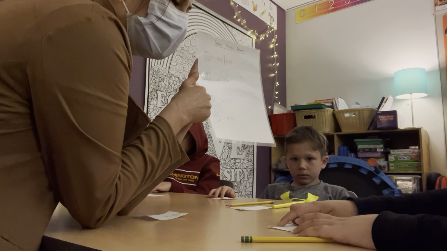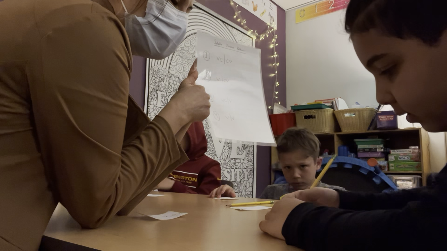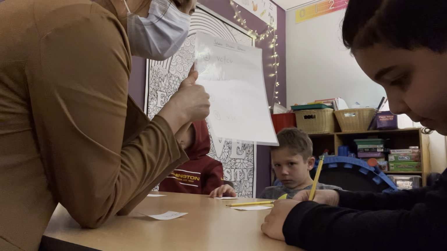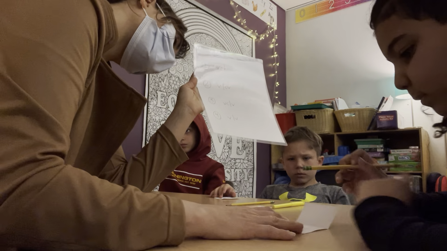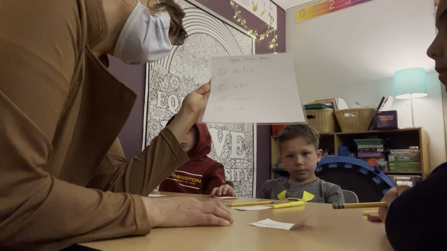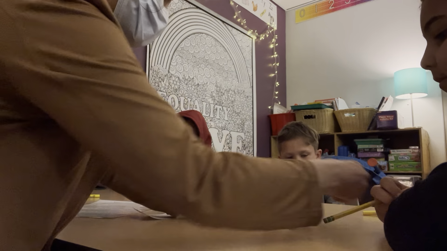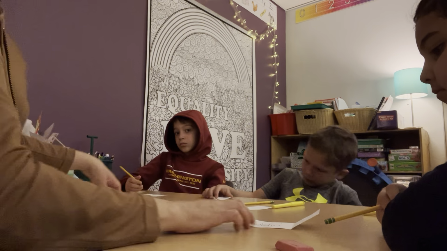You got to write it. Can you make it with your pencil? Nope, that's not where it goes. Hold on. I made a mistake, buddy. You were right. Let me go back. I apologize. Okay.